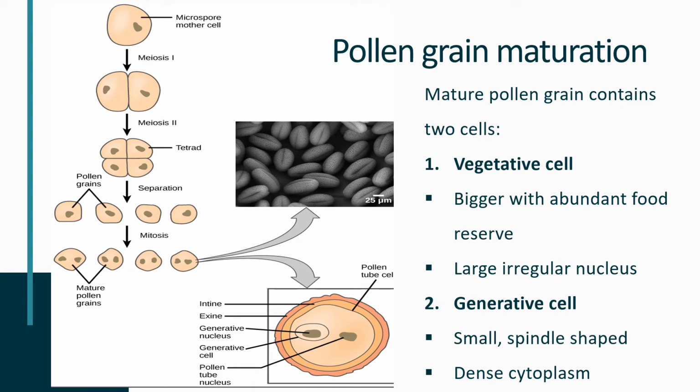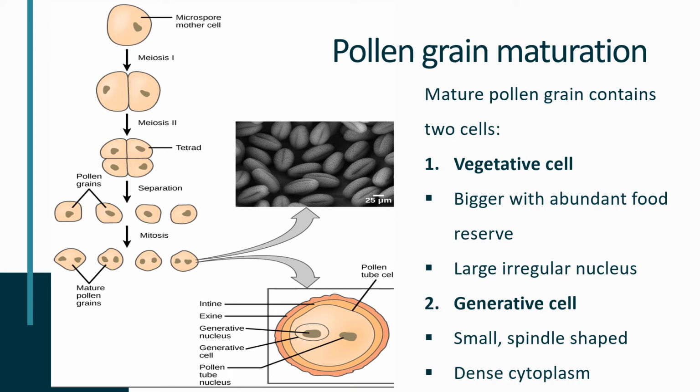Now, each of this pollen grain undergoes maturation by undergoing mitosis, where asymmetrical spindle formation leads to unequal division of the cell and gives rise to two cells: a bigger vegetative cell with abundant food reserve and a large nucleus, and a small generative cell with dense cytoplasm. This is known as two-celled stage of a pollen grain. And in almost 60% of angiosperms, the pollen grain is shed at this two-celled stage.